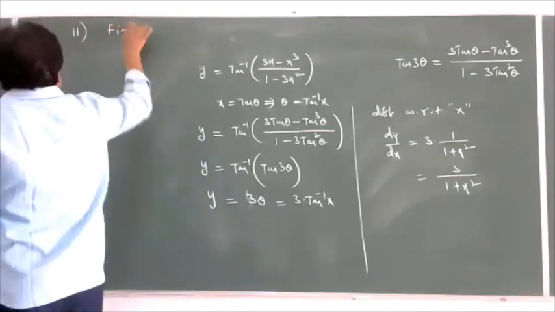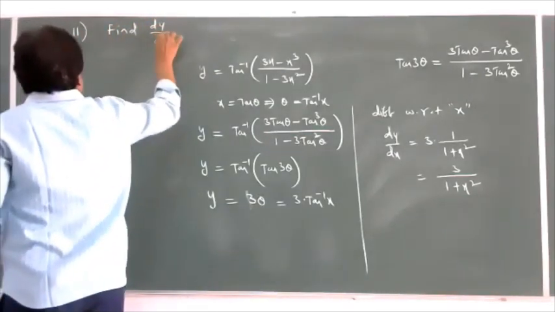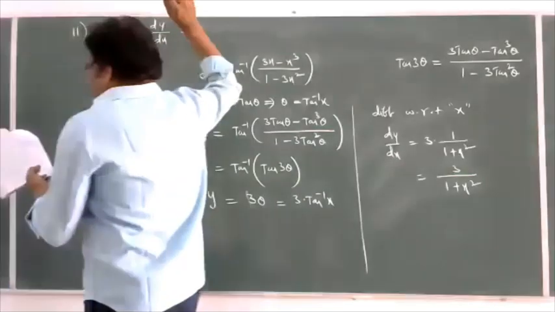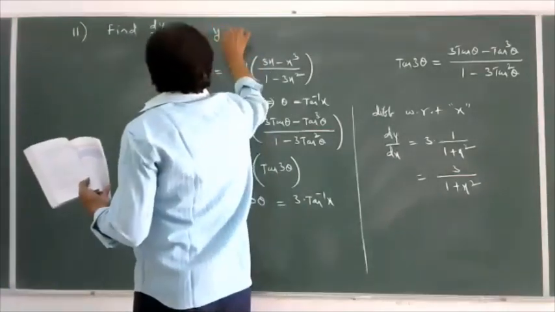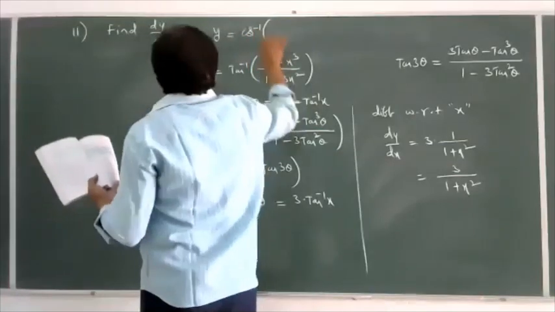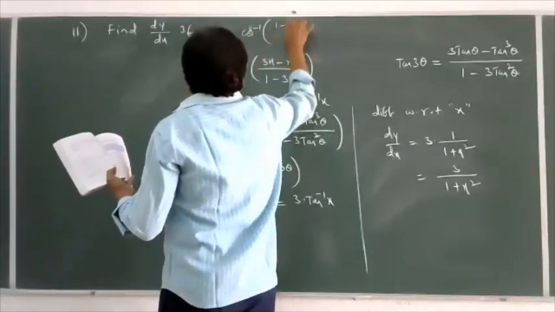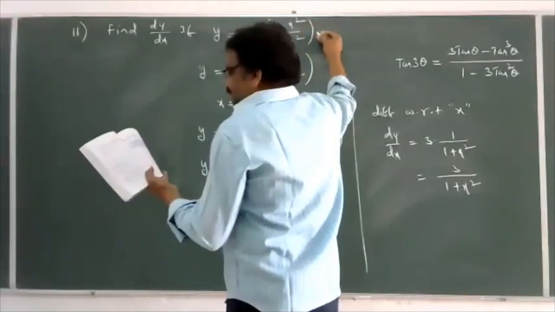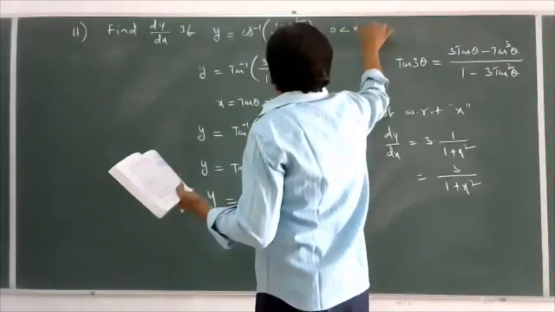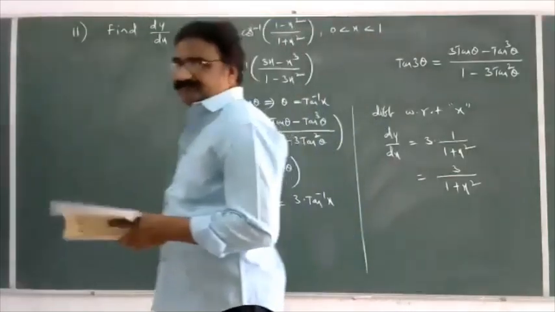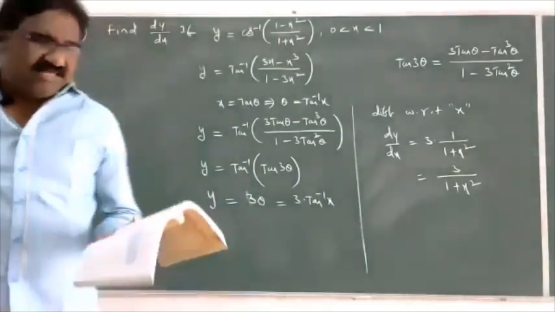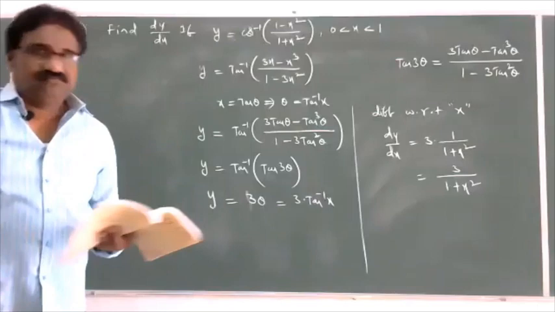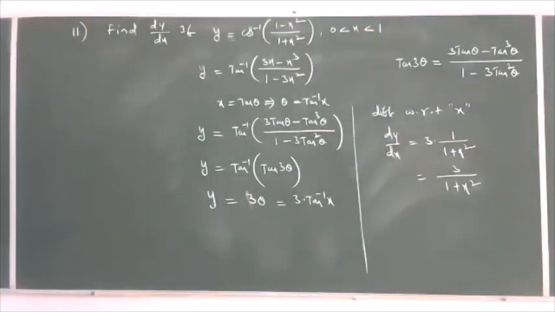Find dy by dx if y is equal to cos inverse of 1 minus x square by 1 plus x square, where 0 is less than x less than 1.